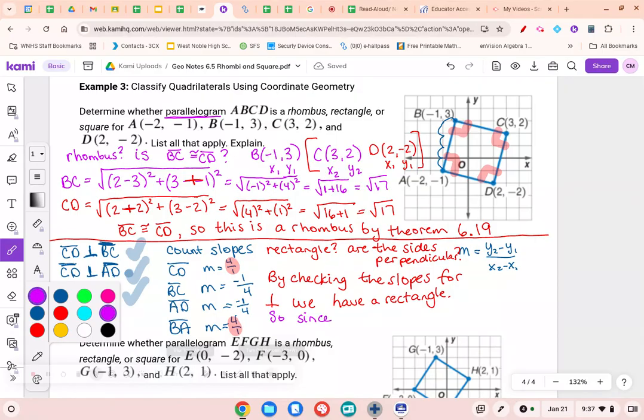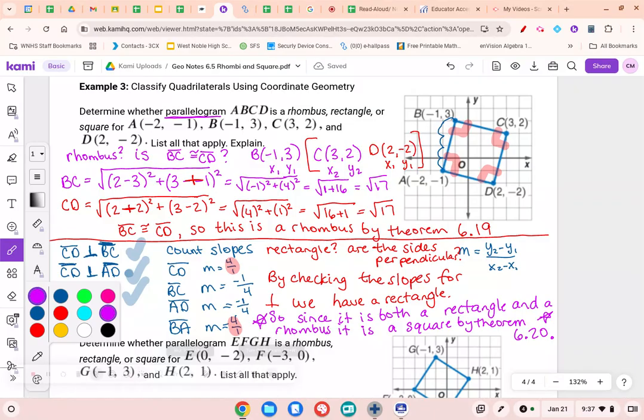So since it is both a rectangle and a rhombus, it is a square by theorem 6.20. And that's our answer.